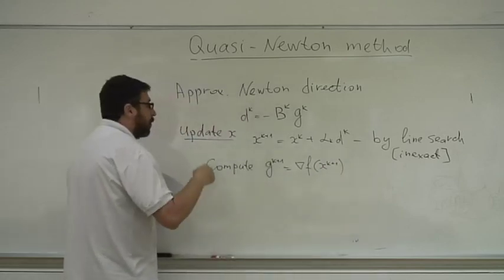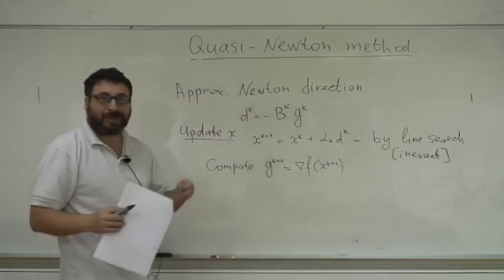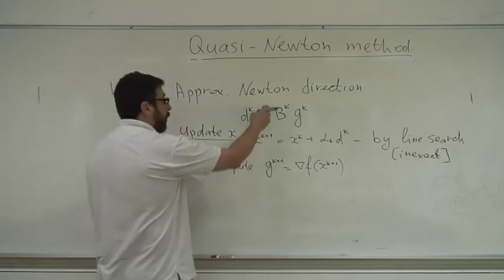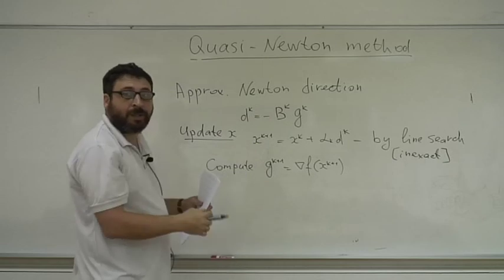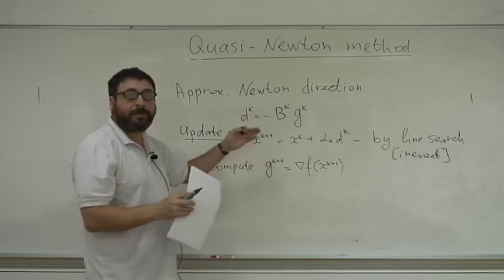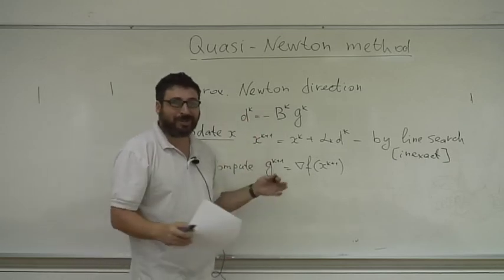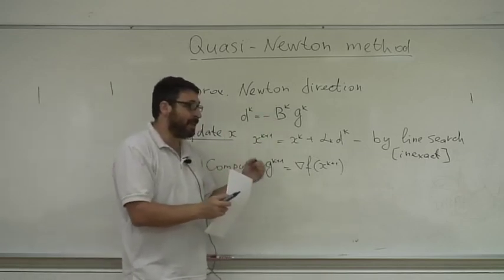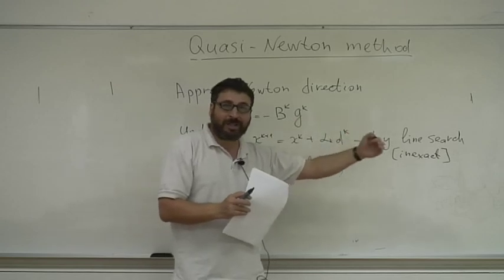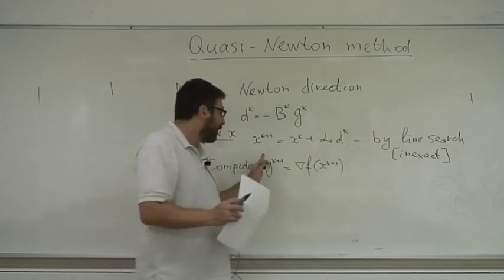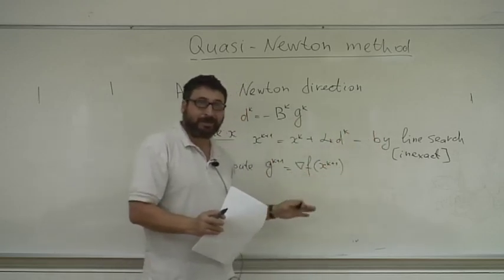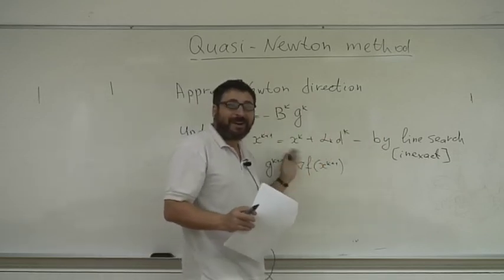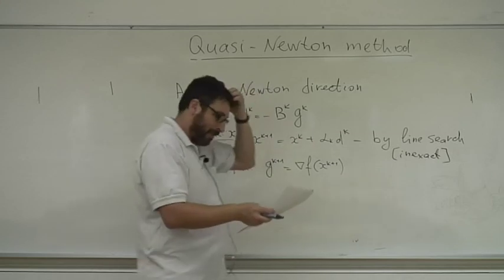And then, by some formula, which I will explain right now, we update our model of the inverse Hessian based on our new information. The Hessian is very tightly related to how gradients change with shifts in x, because it's information about the second derivative, which says how first derivatives should change.